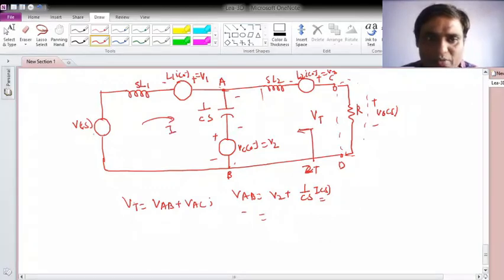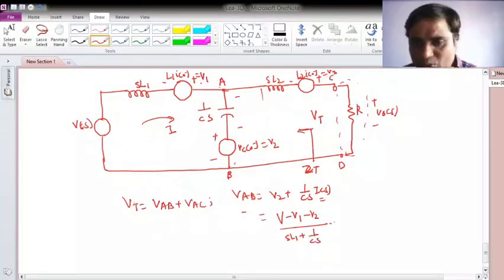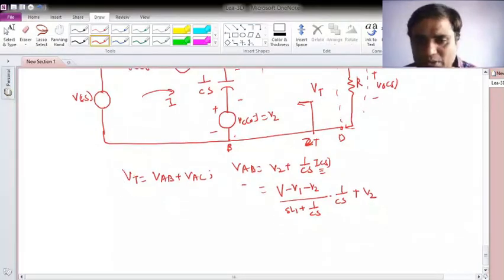This current will be V minus V1 minus V2, over all the impedance. What was it? SL1 plus 1 over CS into 1 by CS. This is my I of s, plus V2. So this is my VAB.